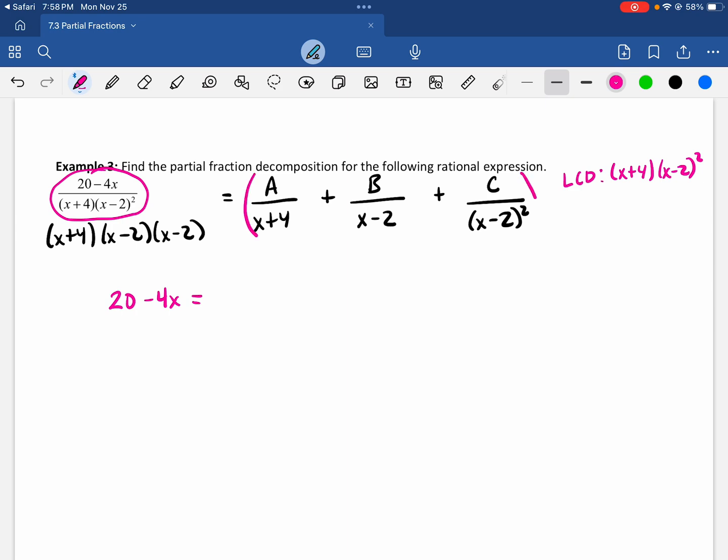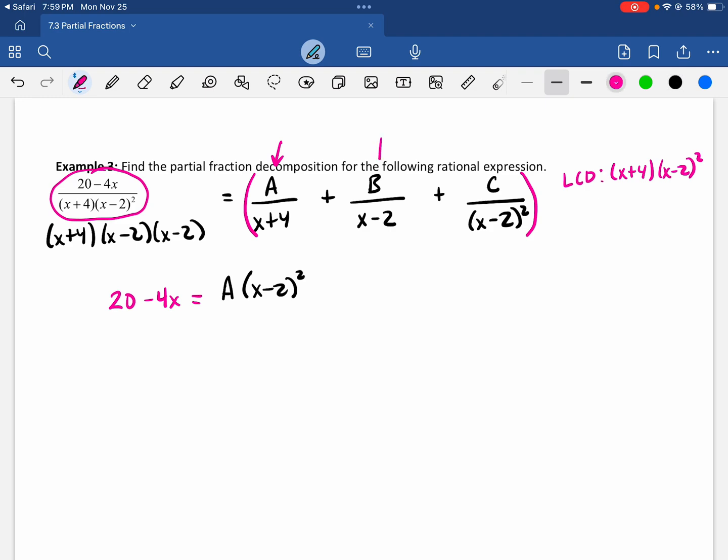When I do it times this first one here, the x plus 4s are going to cancel, but it's going to leave us with the A and x minus 2 squared.